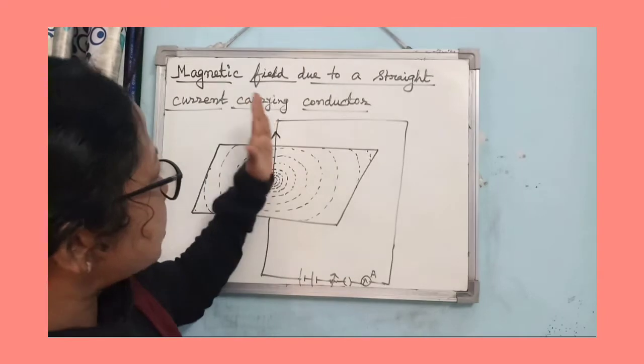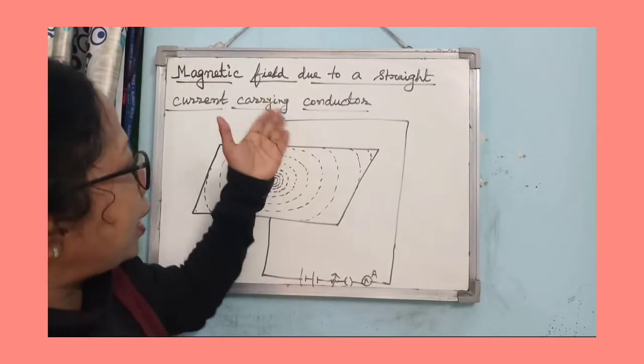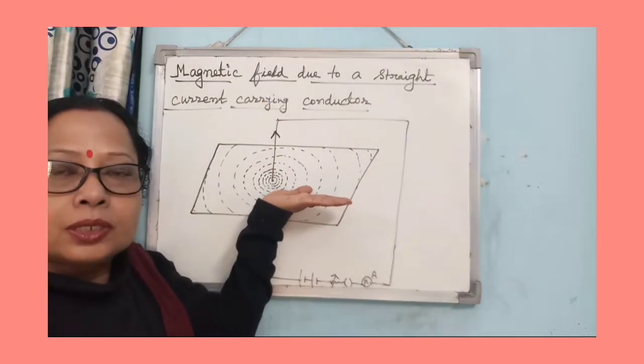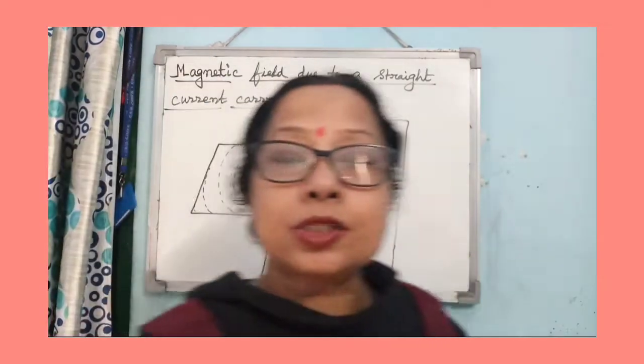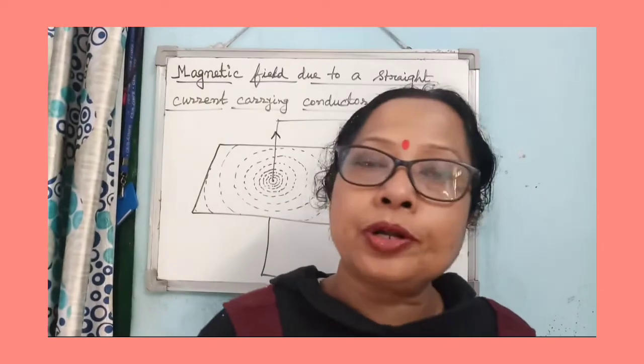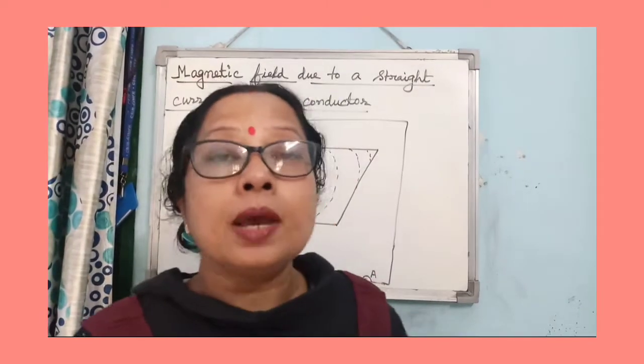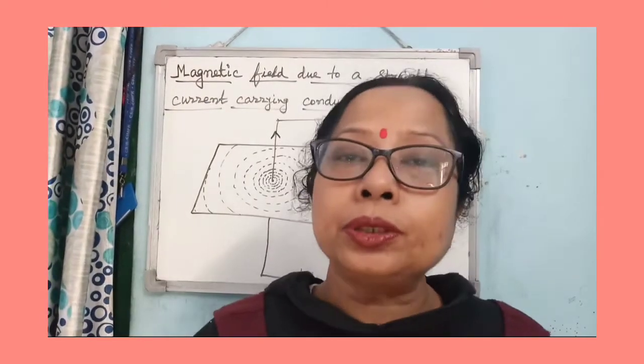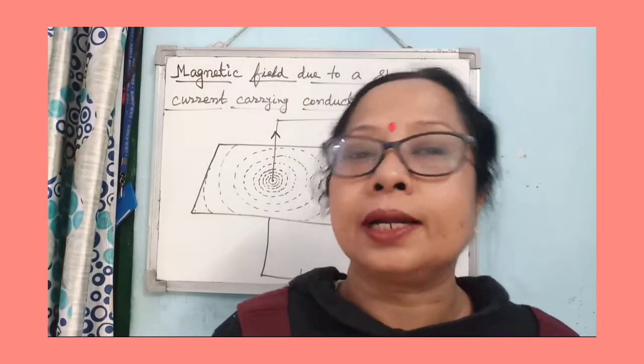You see, this is the plane of the conductor, and the magnetic field is on the horizontal plane. So this is the first important point you have to remember: the magnetic field is produced perpendicular to the conductor.